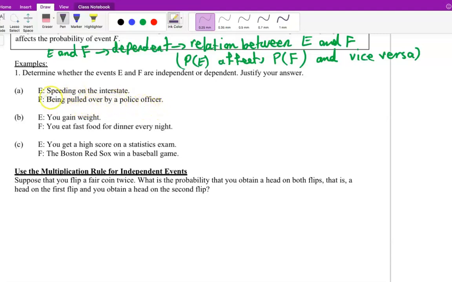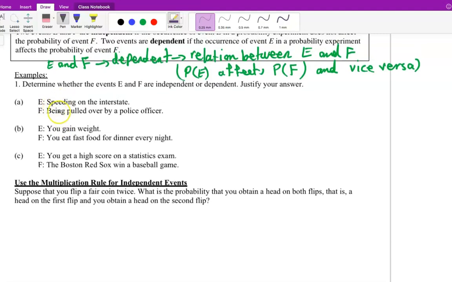So obviously between these two we have a relation, and speeding increases probability of being pulled over, so this part is dependent. The reason is speeding increases probability of being pulled over.